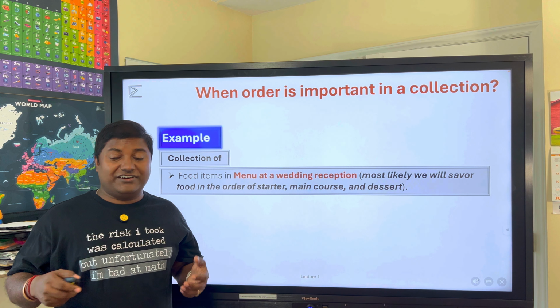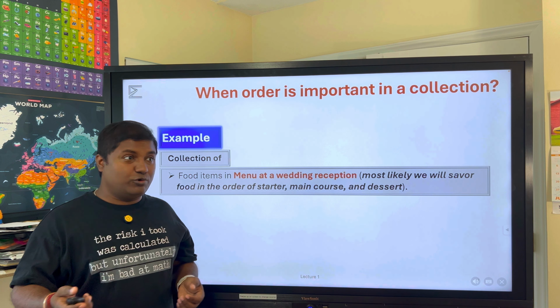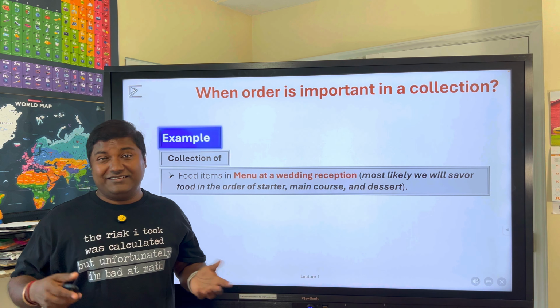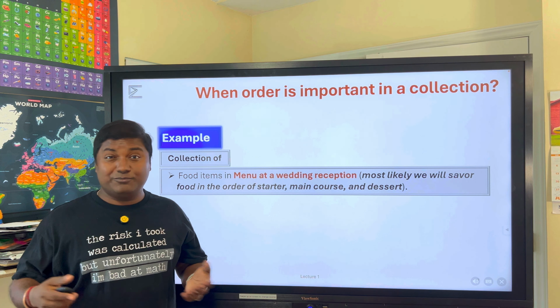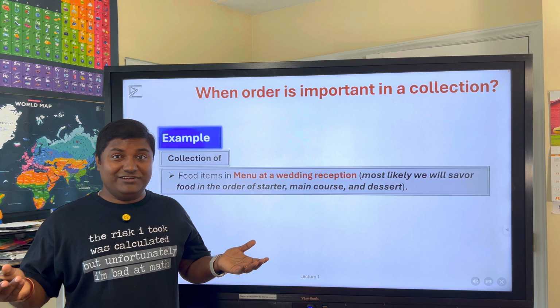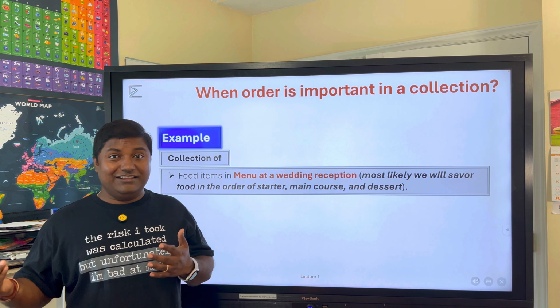Usually that order starts with some kind of appetizer like pakoda, salad, etc. And then the main course like rice, dal, butter paneer or puri, and finally ending with some dessert. It could be rasgulla or ice cream, etc. Imagine that the food is served to you in a random order, maybe starting with ice cream, and then they serve butter paneer, and then maybe salad, and finally when you are about to finish your dinner, they serve you rice.